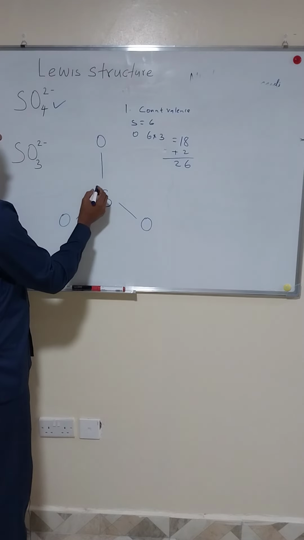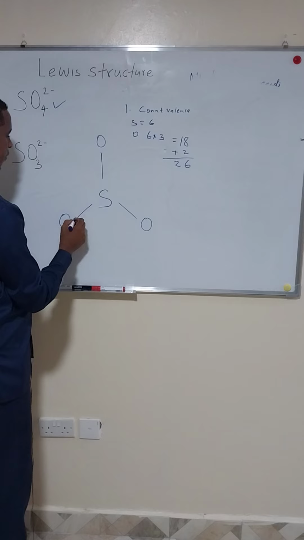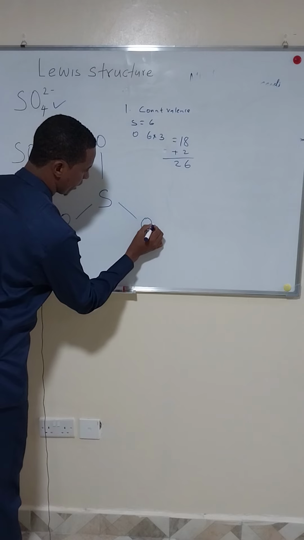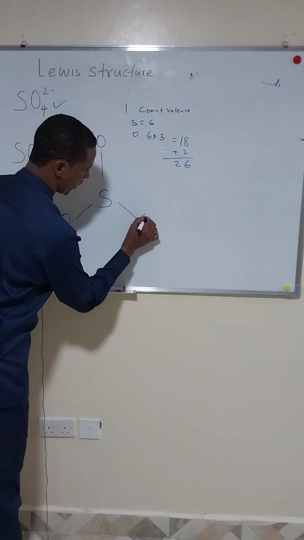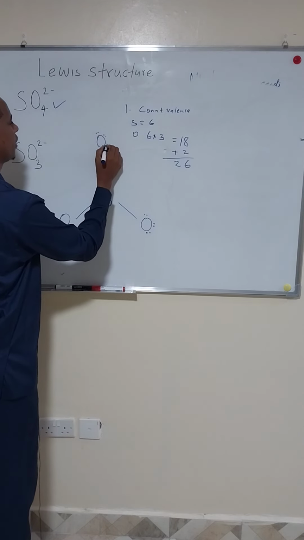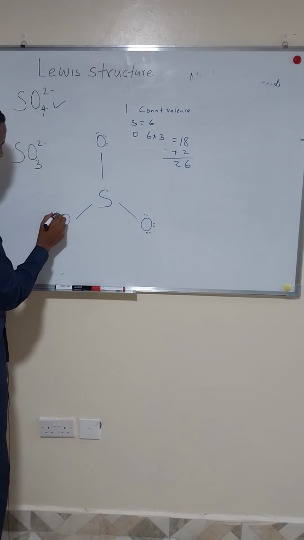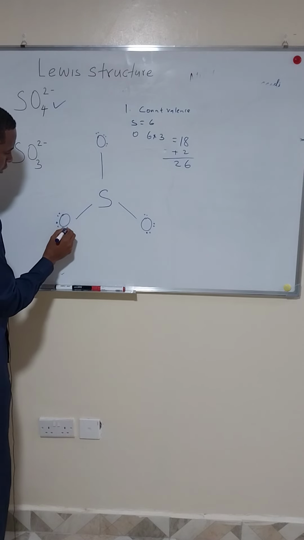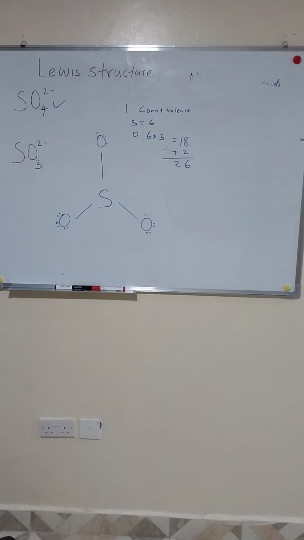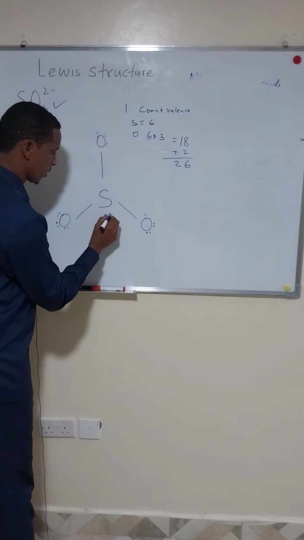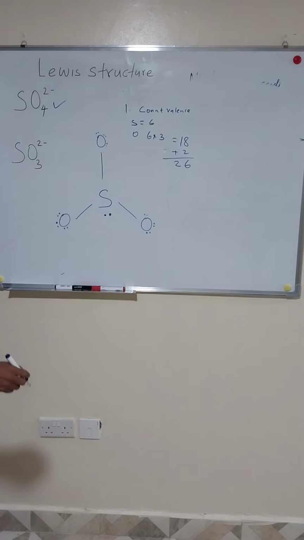So let's now count 1, 2, 3, 4, 5, 6, then 7, 8, 9, 10, up to 24. So those are 24 electrons. So the 2 electrons remain. This one you place with the central atom, because sulfur can take more than 8 electrons.